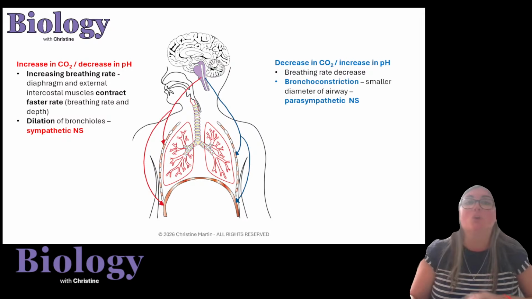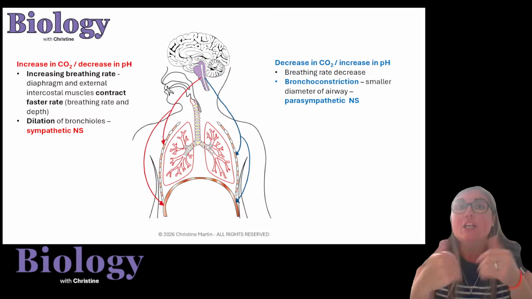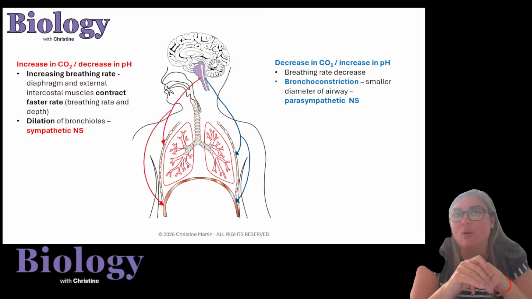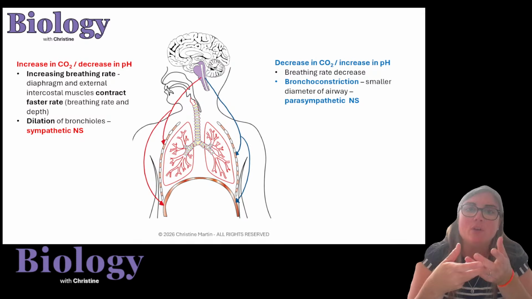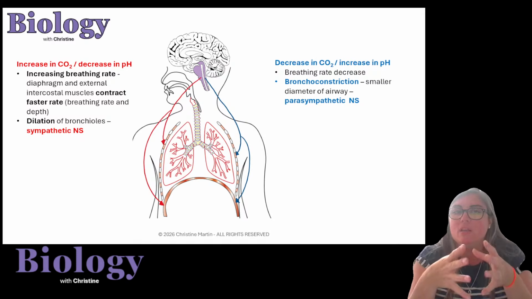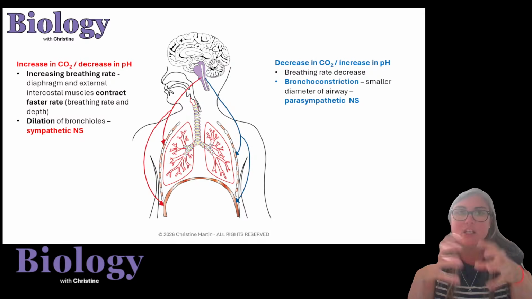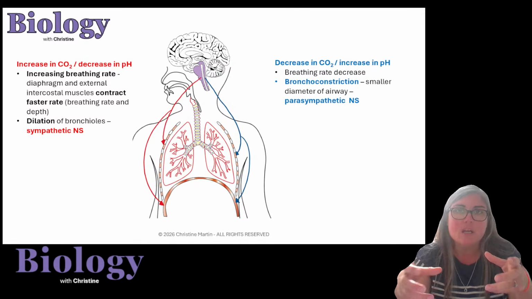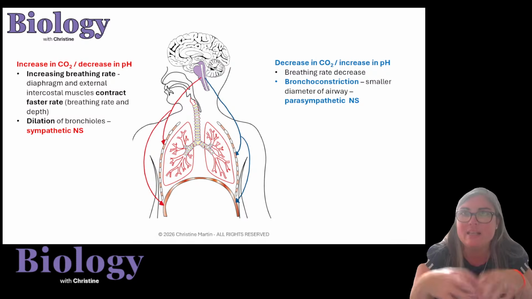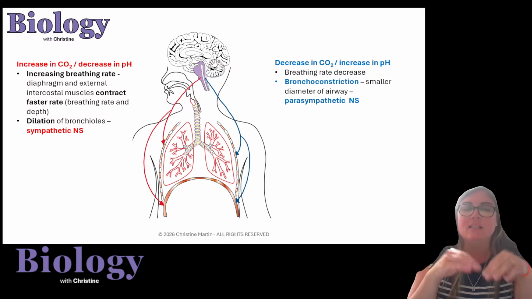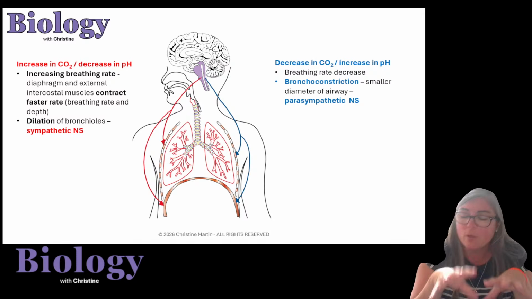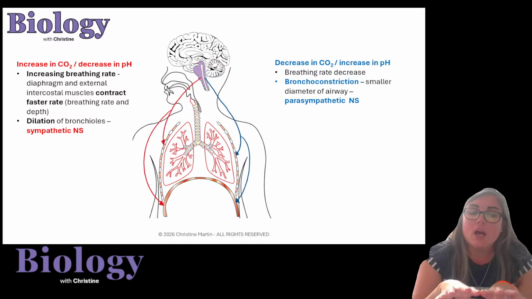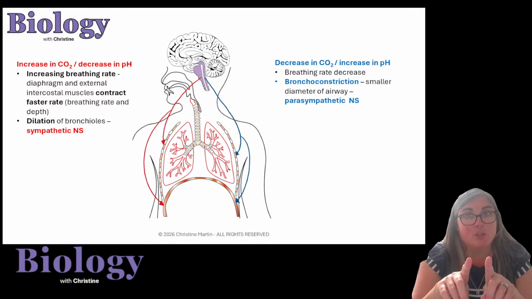Go the opposite way, because remember, there's two sides of this. If I have a decrease in carbon dioxide and an increase in the pH, my breathing rate needs to decrease, because the contraction of the muscles obviously needs energy.